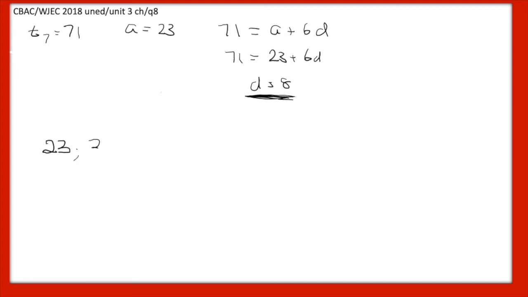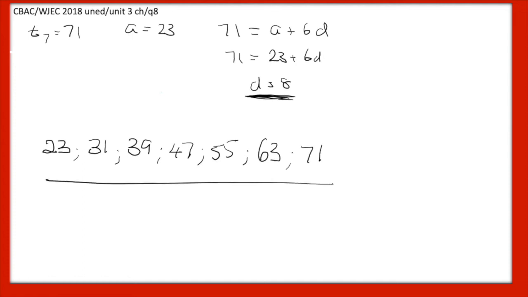Adding 8 gives me 31 last time I checked, plus another 8, 39, 47, 55. Almost made a mistake there, little brain doesn't work sometimes when you're doing simple things. 71. There is my answer. But I would only have gained all the marks if I'd taken the trouble to read the question.